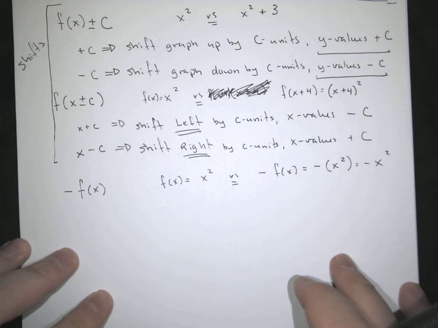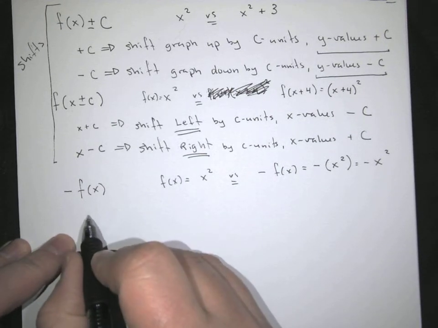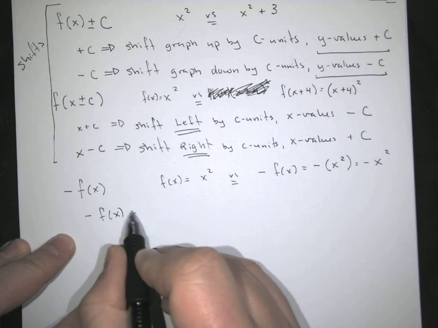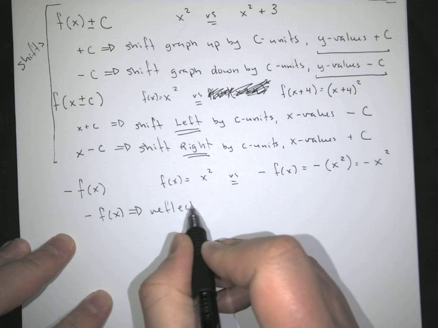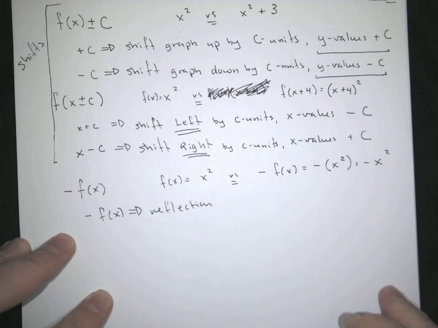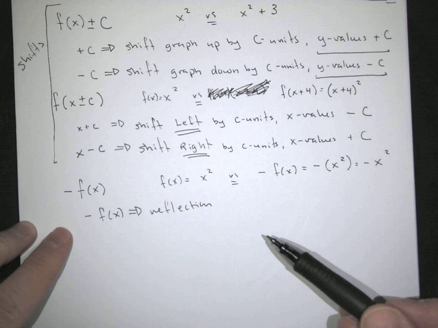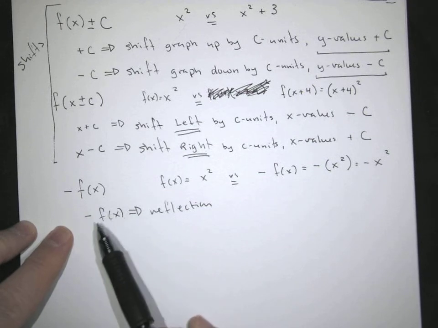What does this do? Negative f of x is going to do a reflection. Our f of x values are the y values, so we're taking the negative of all of our y values.